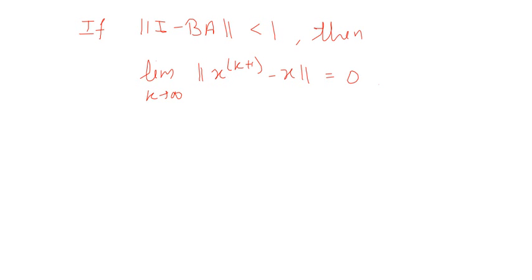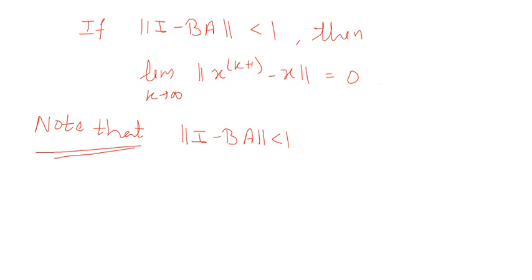Now note that if I use the Neumann series, norm of I minus BA less than 1 implies BA is invertible, by using the definition of Neumann series.